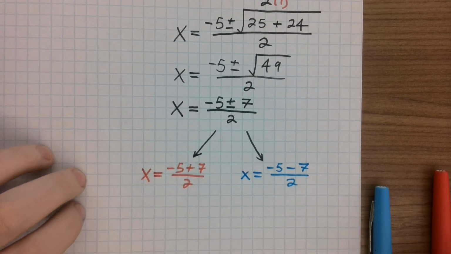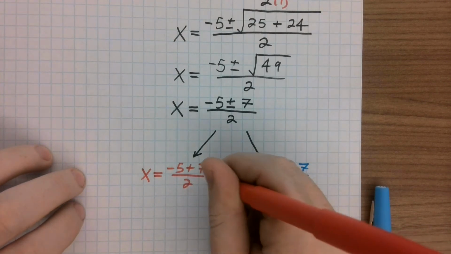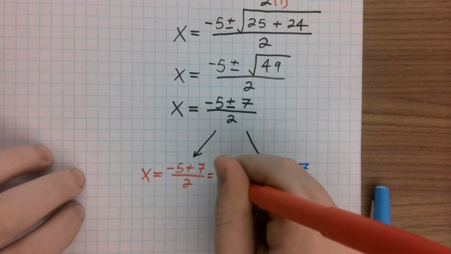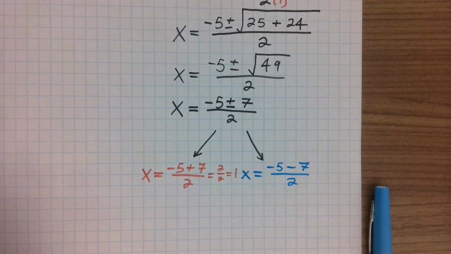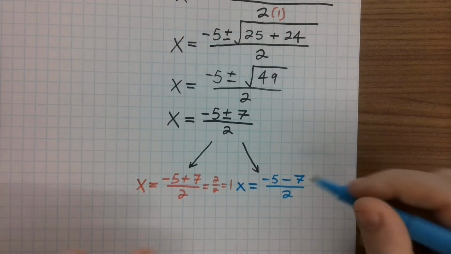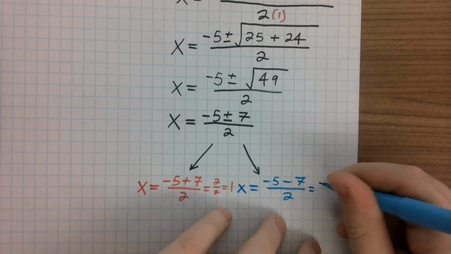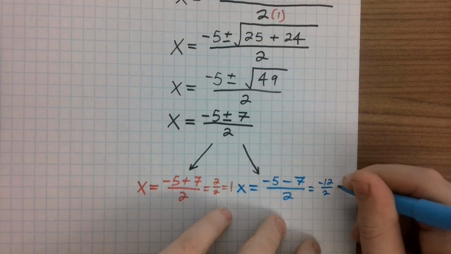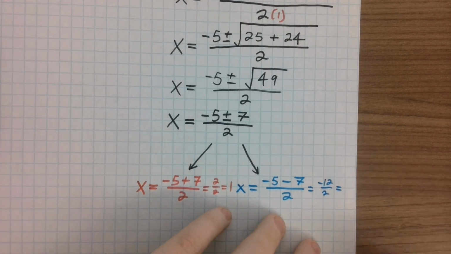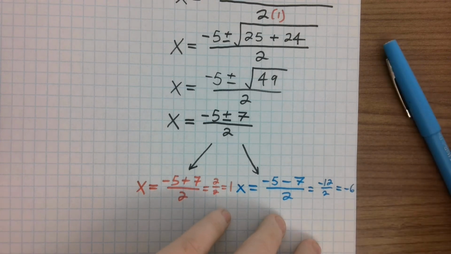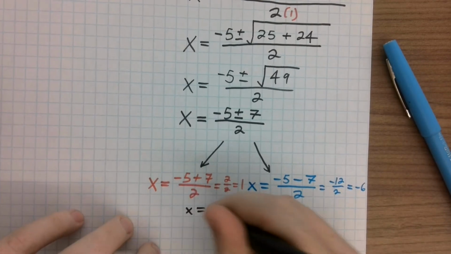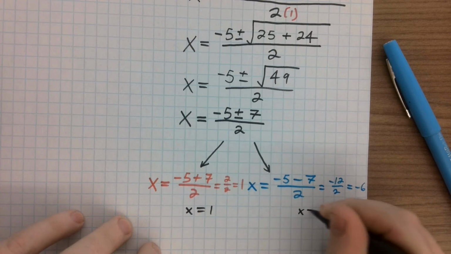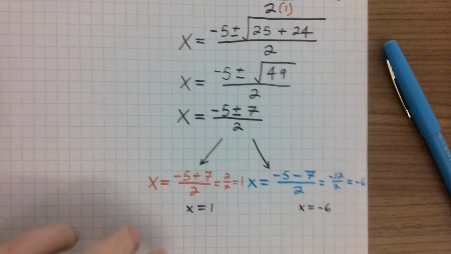Well, -5 plus 7 is going to give us 2. 2 over 2 is just 1. So x equals 1 is one of our answers. -5 minus 7 is -12. What's -12 divided by 2? It's -6. So our two answers are x equals 1 and x equals -6. And we're done.